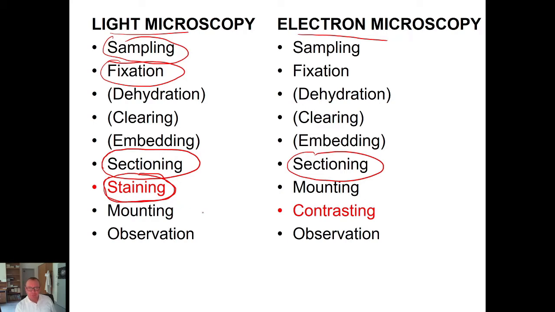Electron microscopy is based on the transmission of a beam of electrons, and colors are not usable here. But the picture from the electron microscope can have a variable contrast, and so to improve the contrast of the picture, there is contrasting instead of staining. So staining and contrasting are in fact very similar methods, improving the visibility and the resolution of the picture.